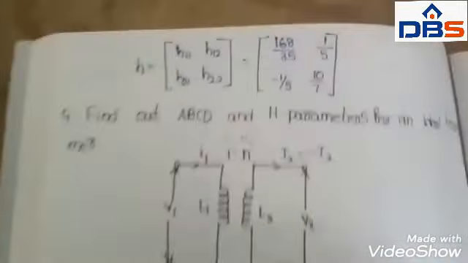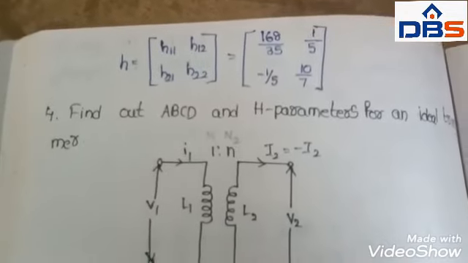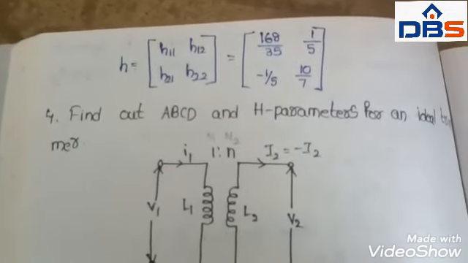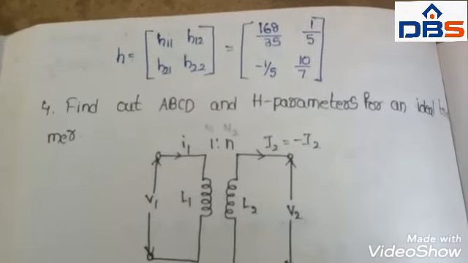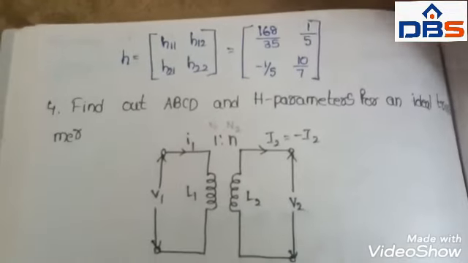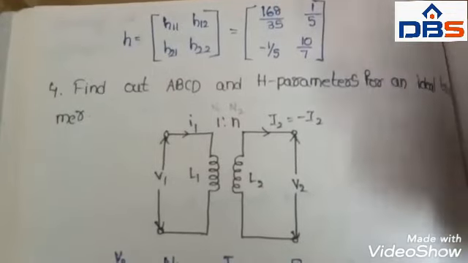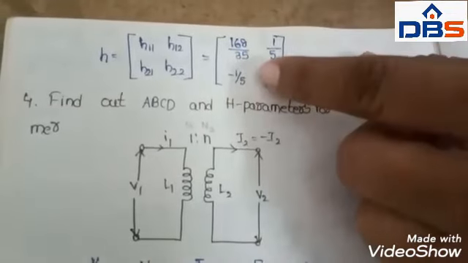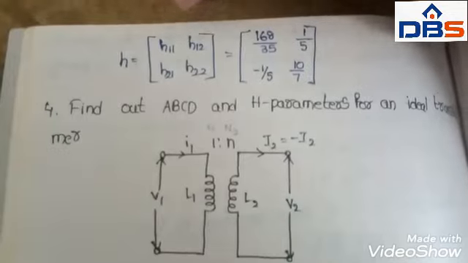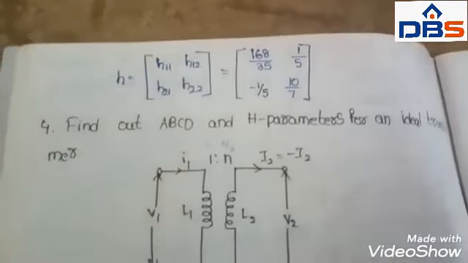Totally the H parameters are H11, H12, H21, H22: 168 by 35, 1 by 5, minus 1 by 5, 10 by 7. From this analysis, it does not satisfy the symmetric condition, but it satisfies the reciprocity condition because H12 equal to minus H21.